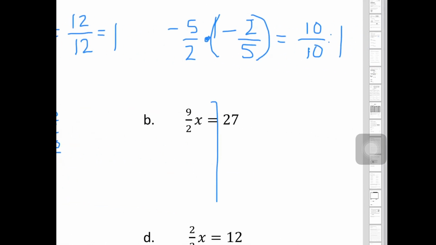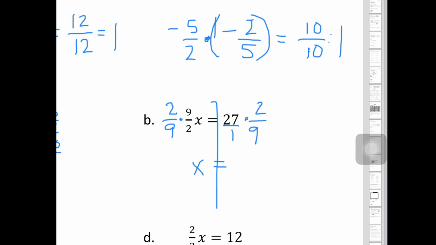So as we look at b, and we see that our coefficient is a fraction, we're going to take its reciprocal, in this case, 2/9. And whatever we do on one side, we have to do on the other. So we're going to multiply by 2/9 there as well. That's going to leave us with 1x, or 18/18x, which is still 1.